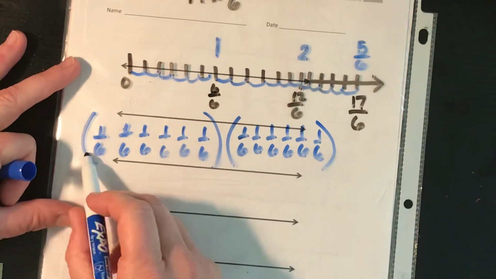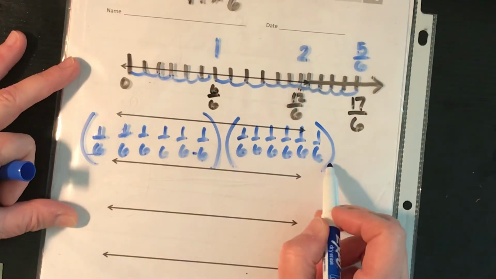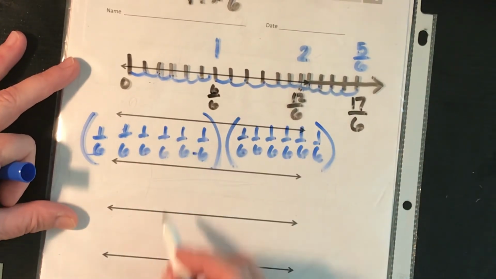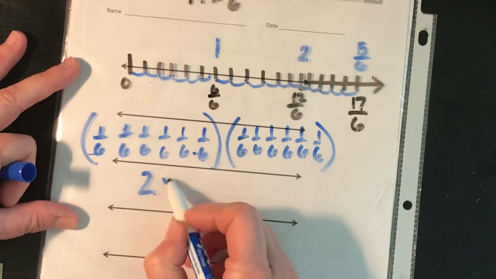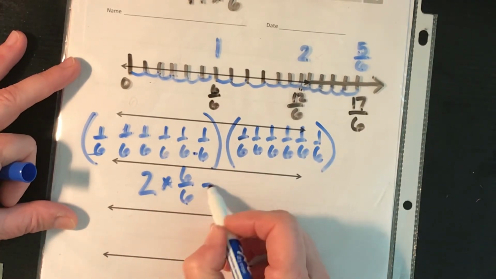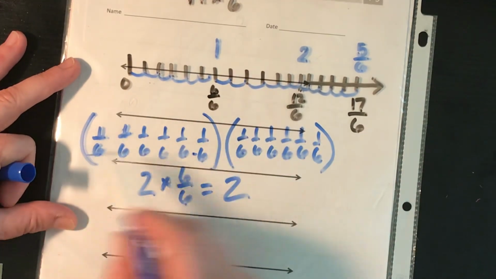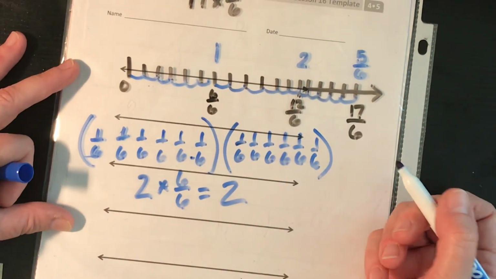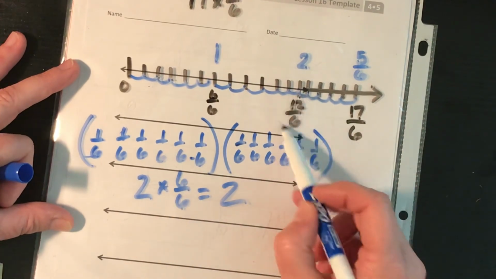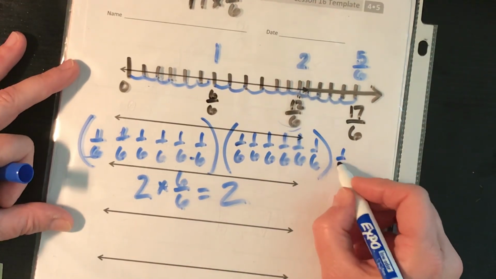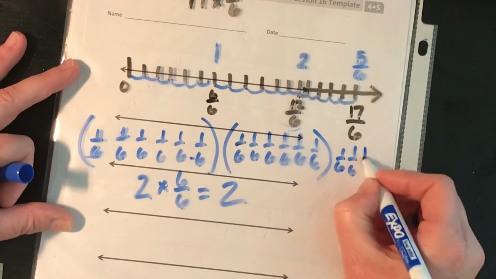All right, so here's 6 sixths. Here's 6 sixths. I can see that that's 2 times 6 sixths, which means it's 2 wholes. 1 whole, 2 wholes. But that was only to 12 sixths. I still needed 5 more sixths.